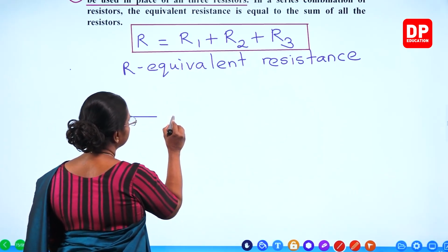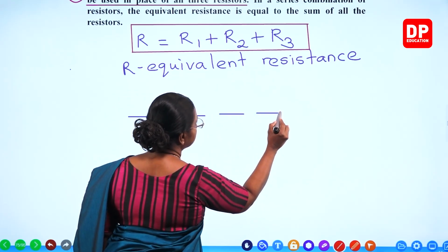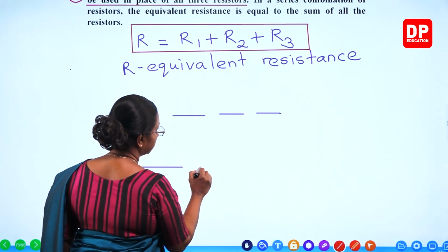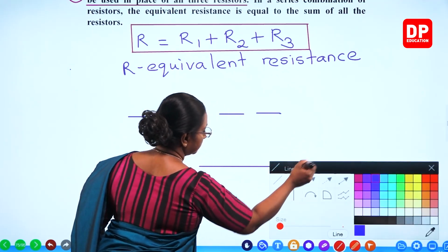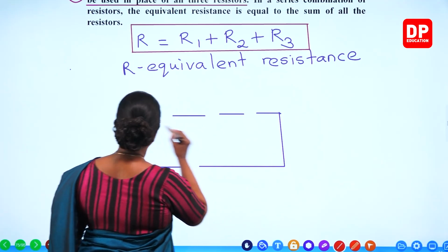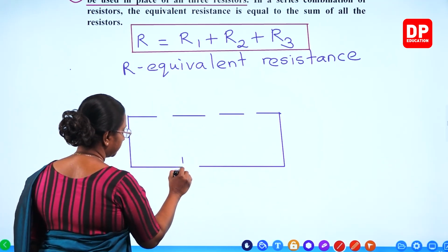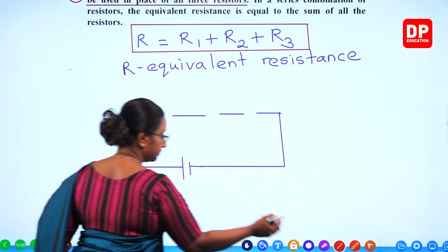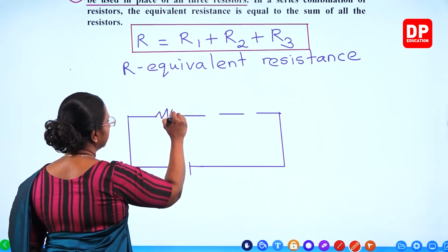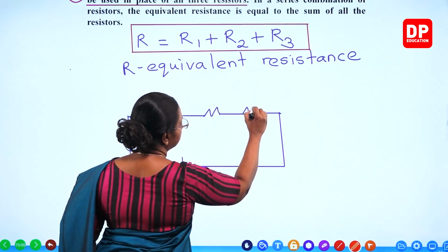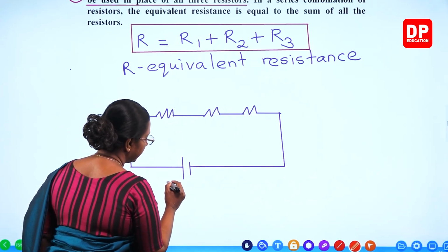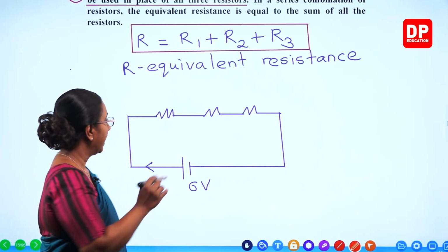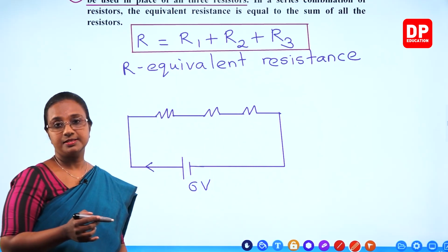Now we will take an example. If we have a circuit like that with three resistors, let's say there is a potential difference of 6 volts, then there is a current flowing, and here you have three different resistors.